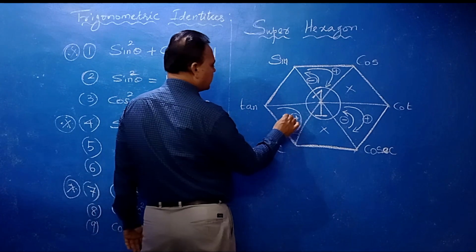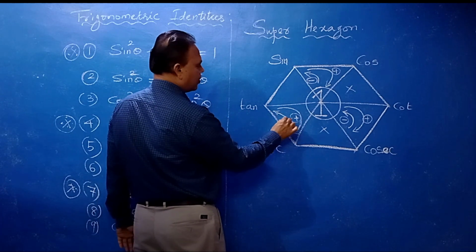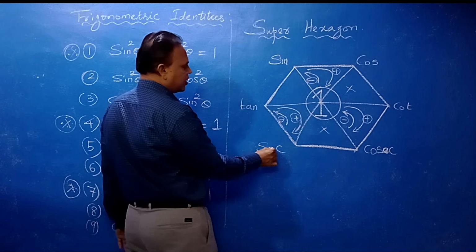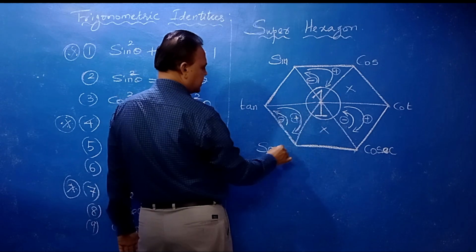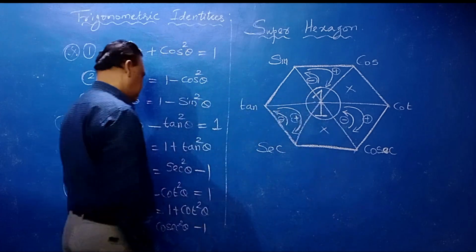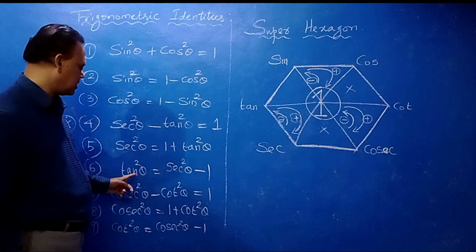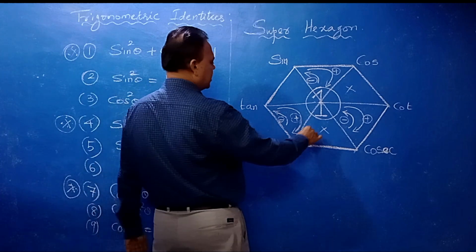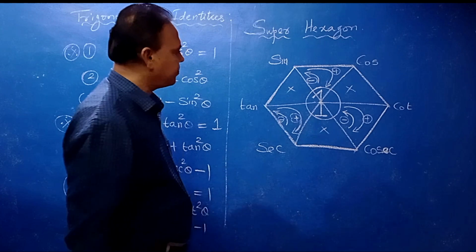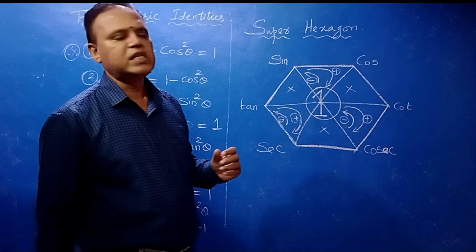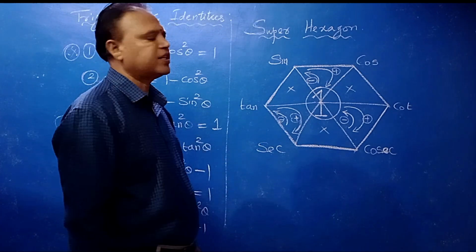Now anti-clockwise, minus it: secant square theta minus 1 is tan square theta. Getting? Secant square theta minus 1 is tan square theta. This one leave it. So very simple. Using this you can easily write the 9 identities.